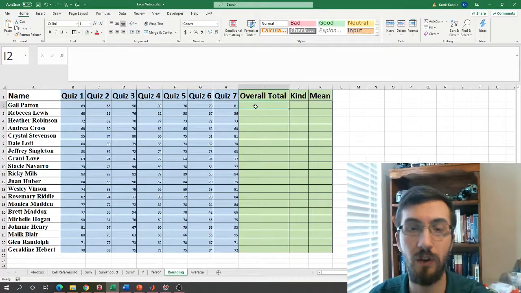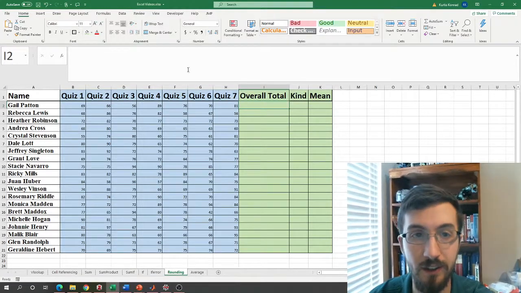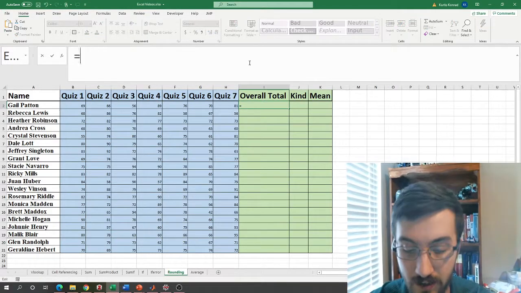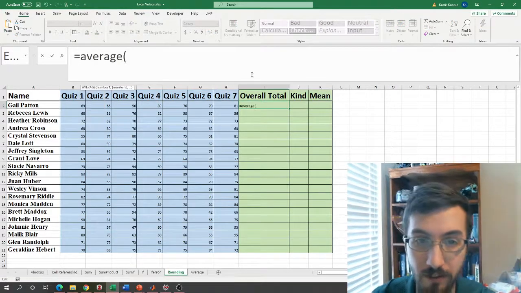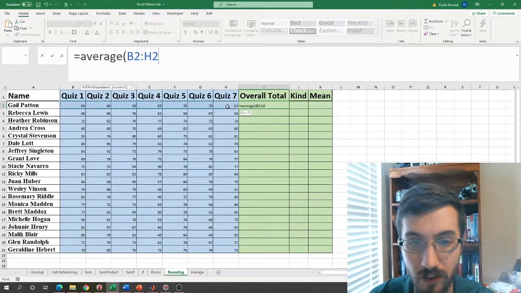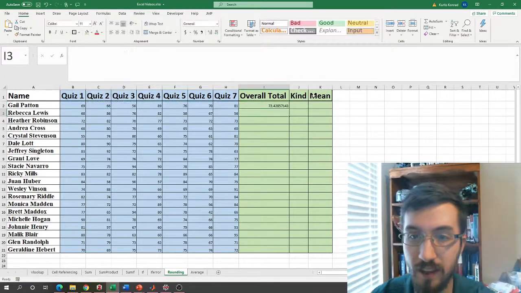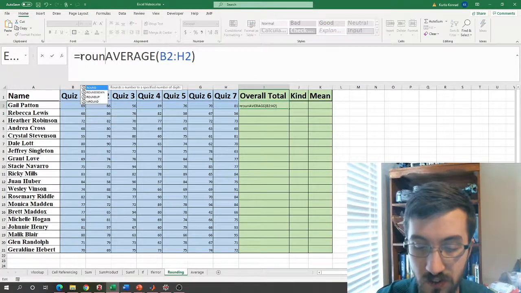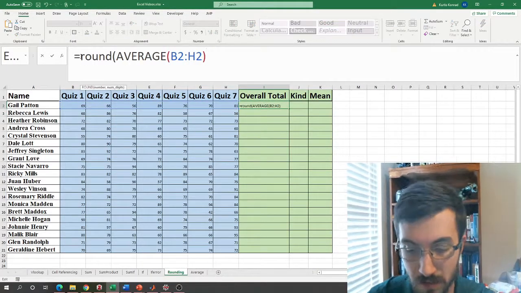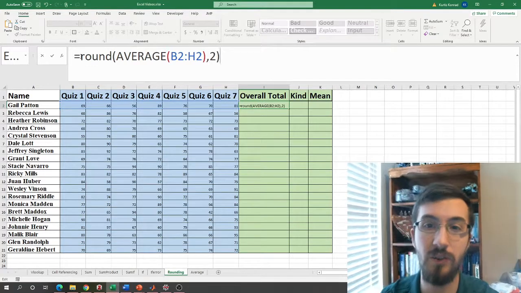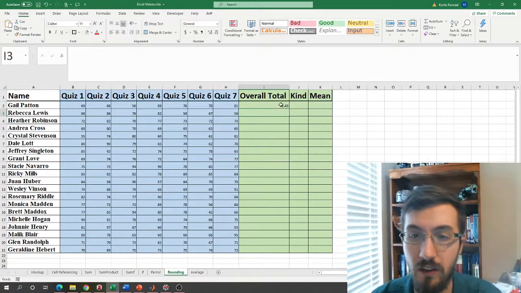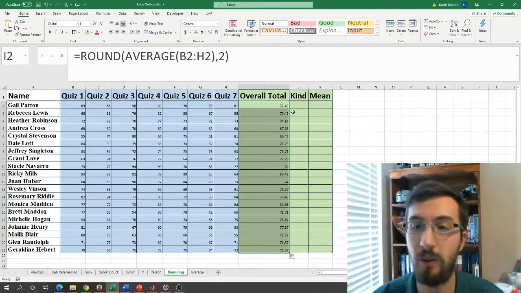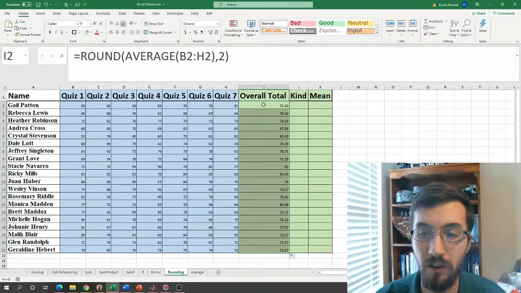If you haven't learned how to do the average function, I encourage you to go do that, but let's start by saying we want the average of our 7 quizzes, right? And that gives us a really ugly number. So we want to round this, and traditional, let's round to 2 decimal places, right? So we'll take their average and round it to 2 decimal places, following the normal way of rounding, right?